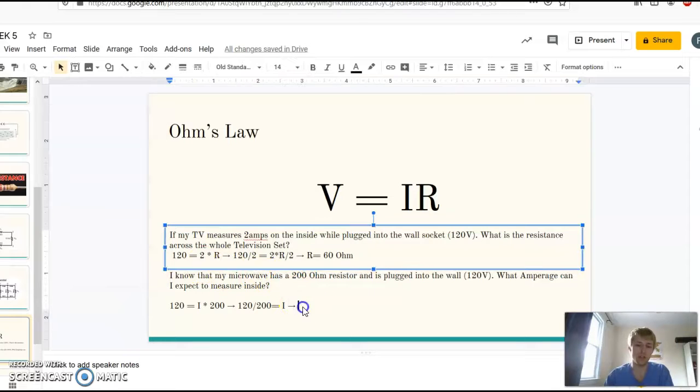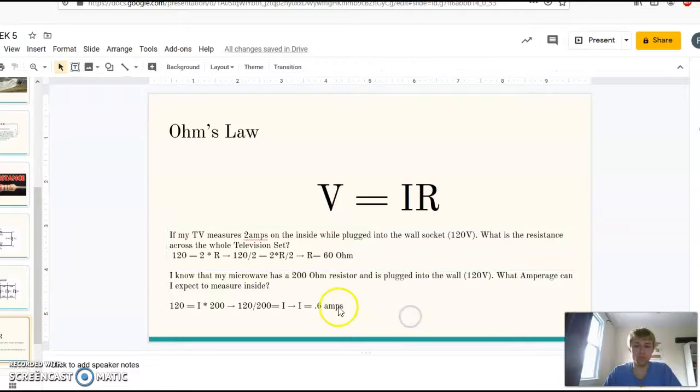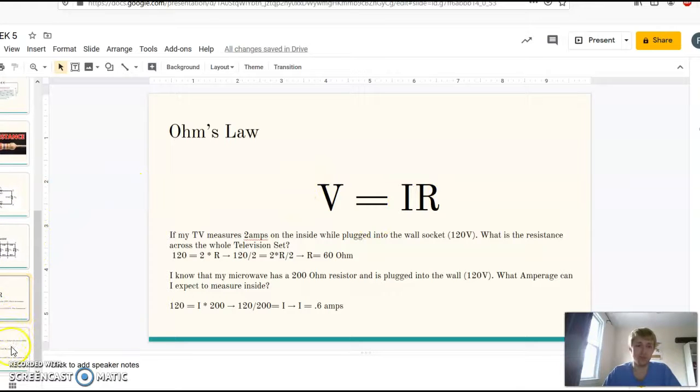So I equals roughly 0.6 amps. There you go. That is going to be the foundation of most everything that you see going forward.